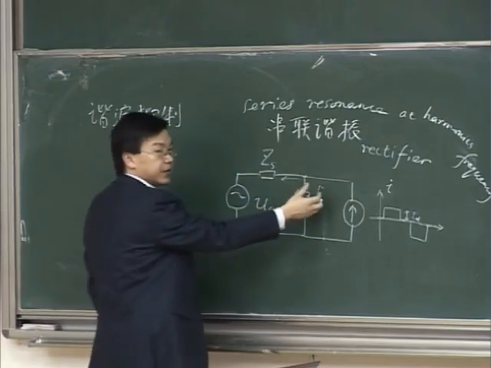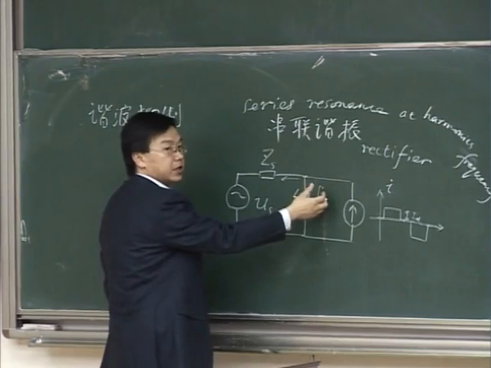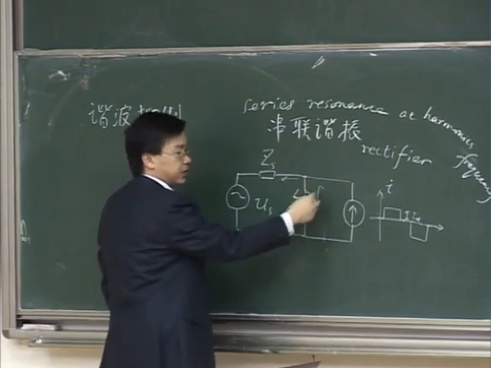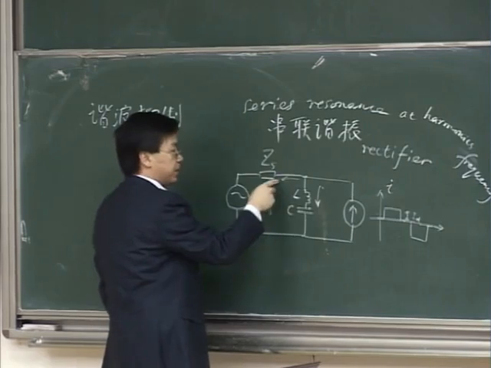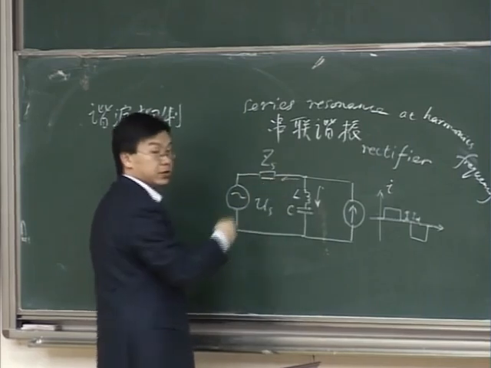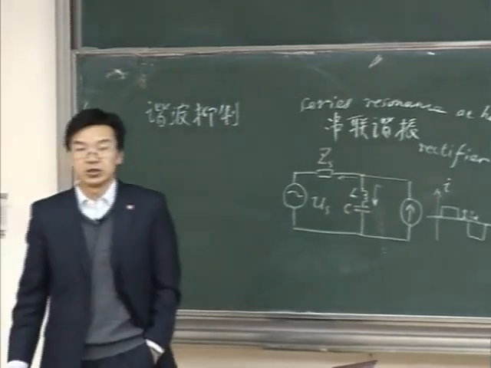Therefore, most of the harmonic current will be flowing through this branch, and only a very small part will be flowing into the utility source.